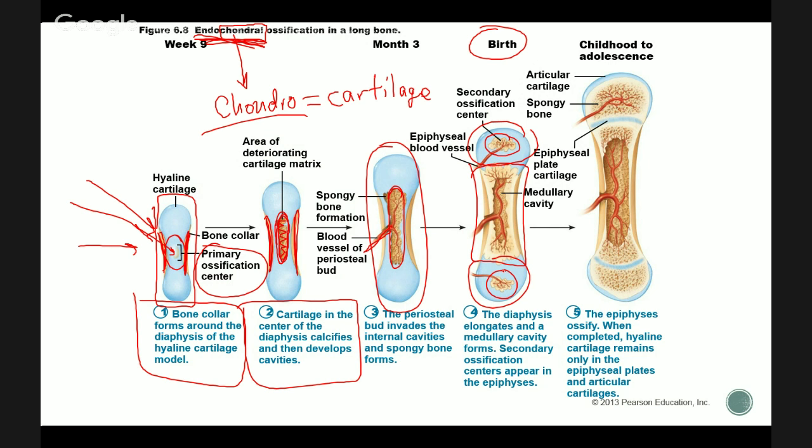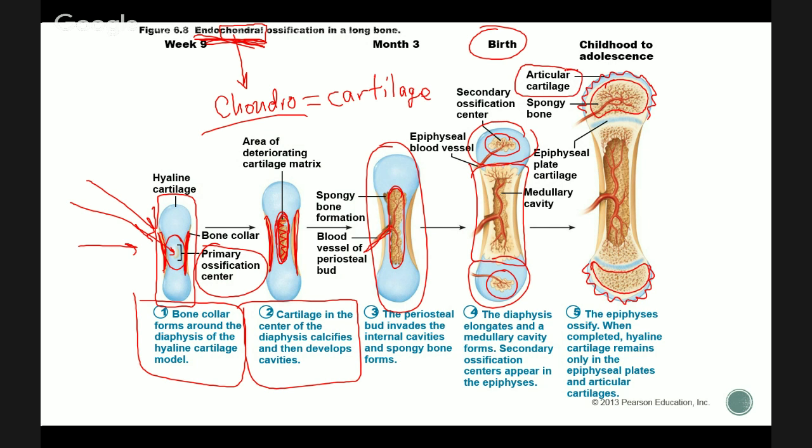As we move from birth into childhood and adolescence, that secondary ossification really takes off, and we've got some nice spongy bone in each of the epiphyses. But the cartilage sticks around, and we have this nice hyaline cartilage lining the ends of the bones. This forms the articular surface.